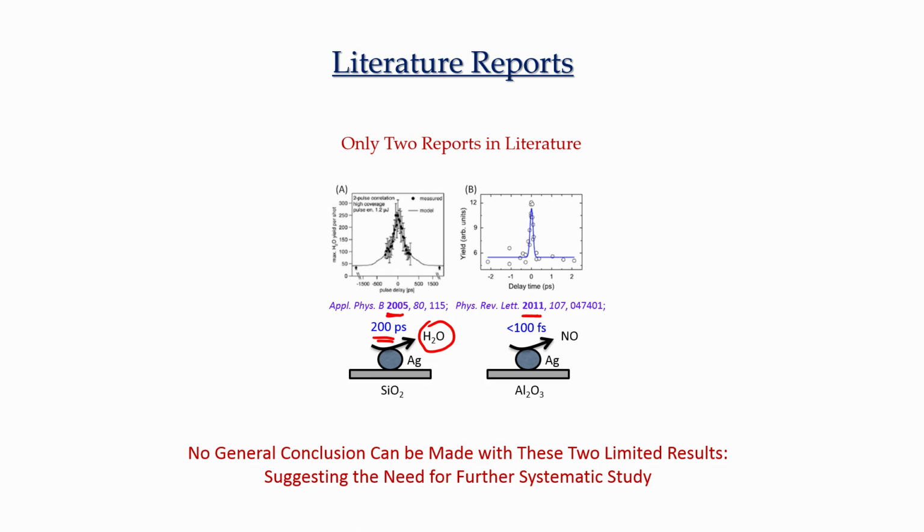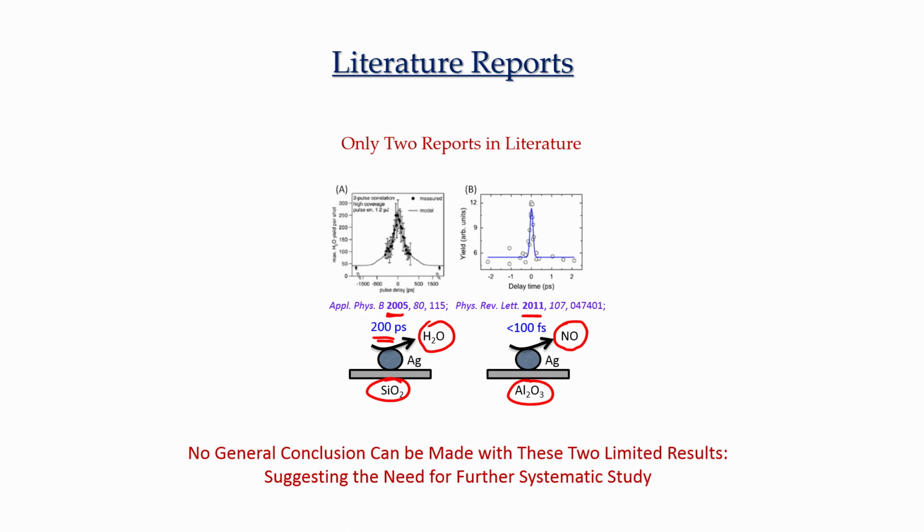On the other hand, if we look at the 2011 work, the work was done based on the NO desorption from the silver nanoparticle. So, similar kind of nanoparticles was used, but the support surface was different. One is silica and another one was alumina.